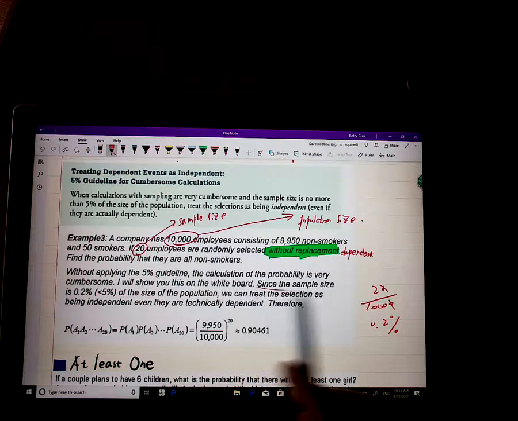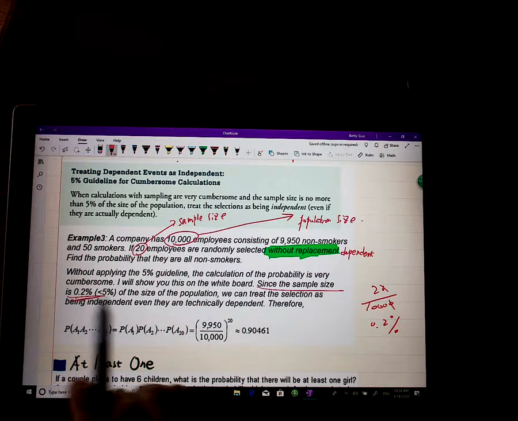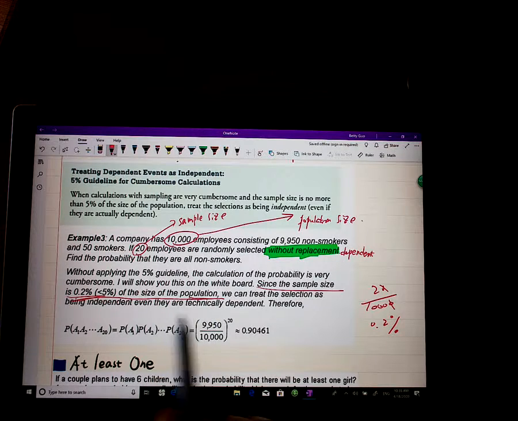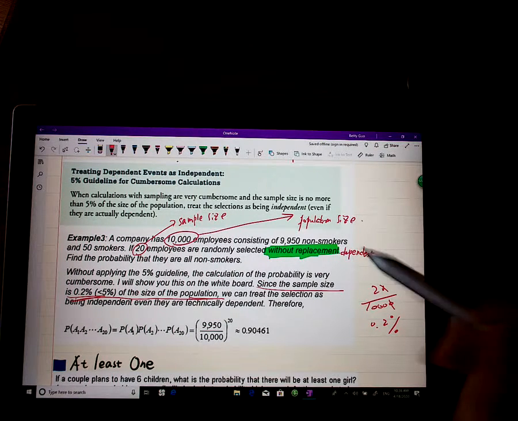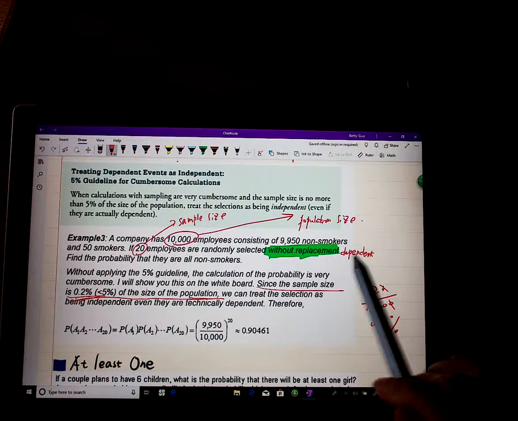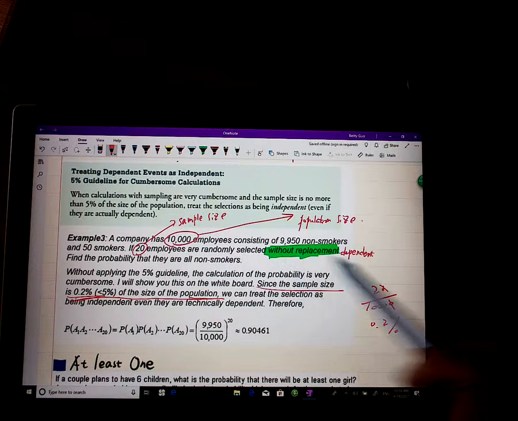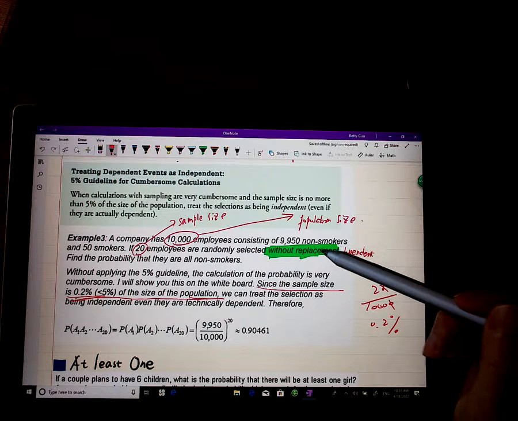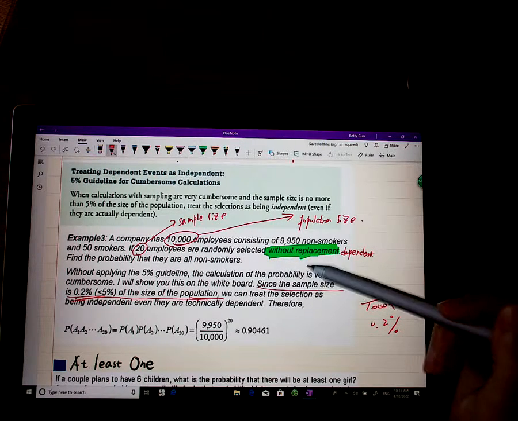Since the sample size is 0.2% of the population size, the 5% guideline applies here. So even though this is an experiment in which those events are dependent, we can see them as independent.